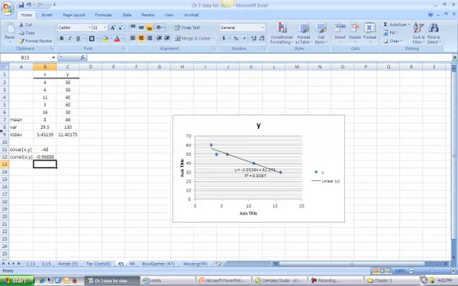Since this is relatively close to -1, it tells me that there is a strong negative relationship here. You can try number 46 where you do the same basic calculations and practice with that.